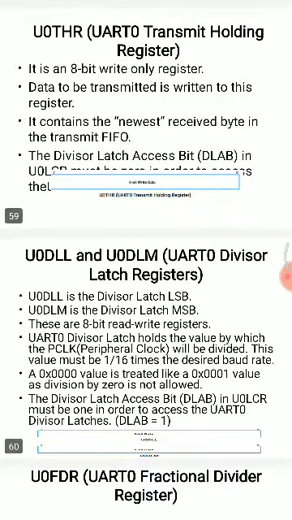The next one is U0DLL and U0DLM, the UART0 divisor latch registers. These are 8-bit registers. The divisor latch holds the value by which the PCLK, the peripheral clock, will be divided. This value must be PCLK divided by 16 times the desired baud rate. A value of 0x000 is treated like 0x001, as division by 0 is not allowed.